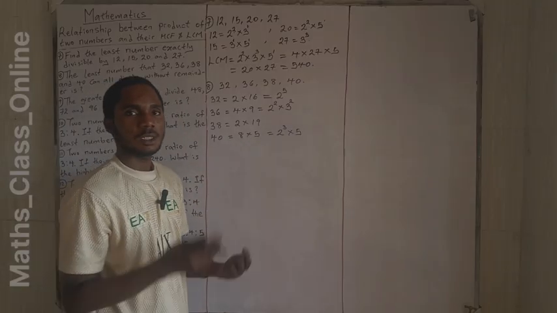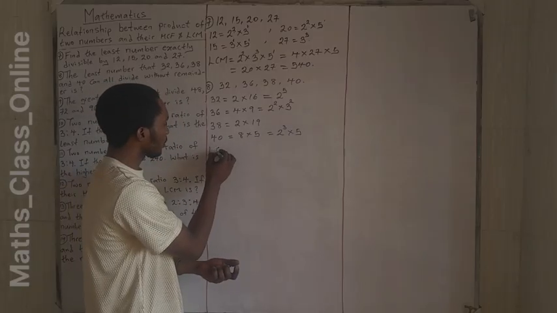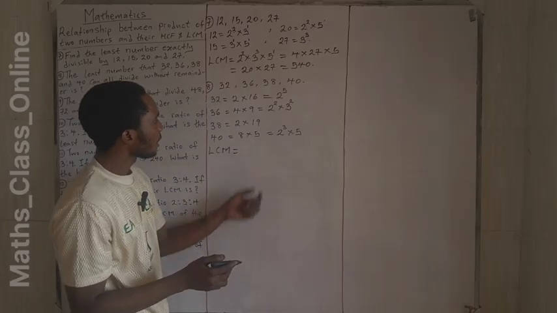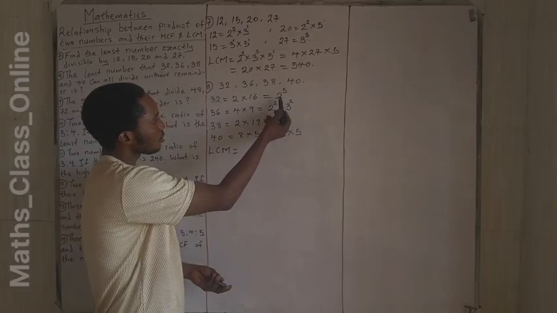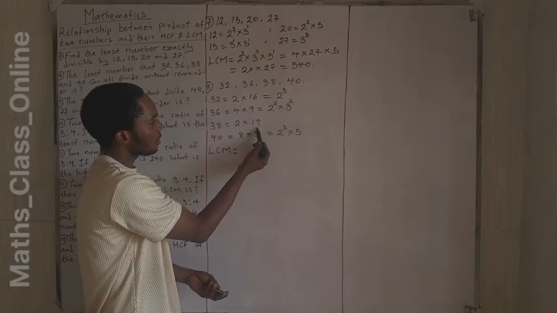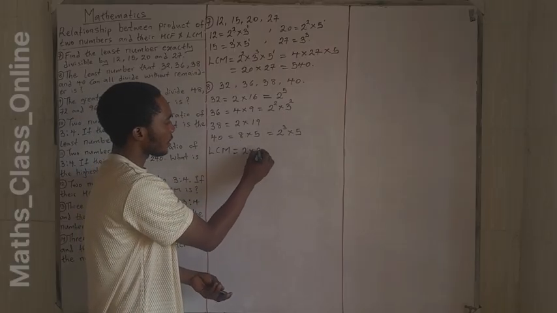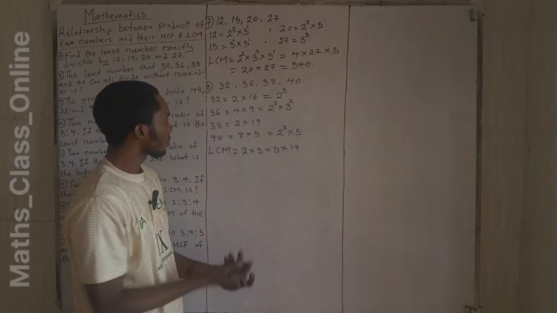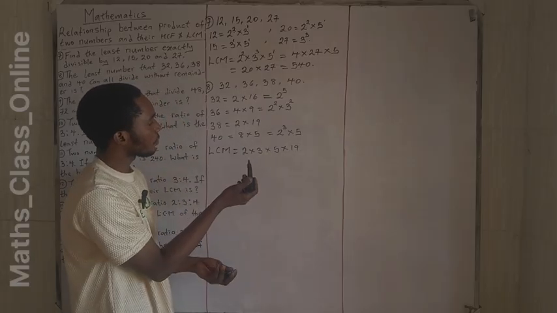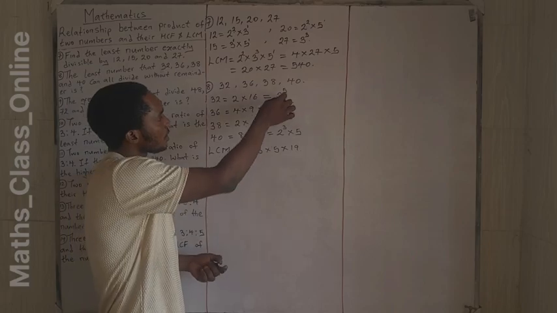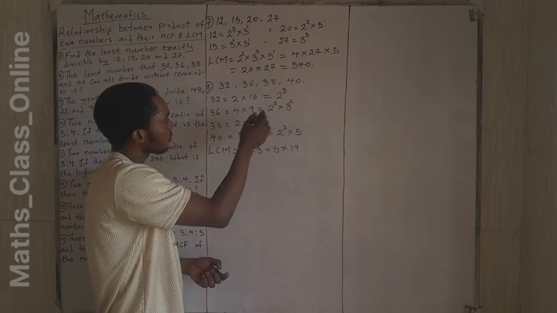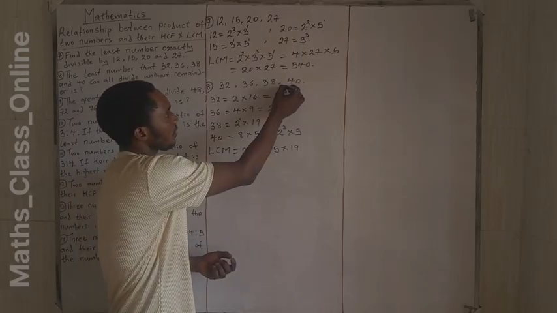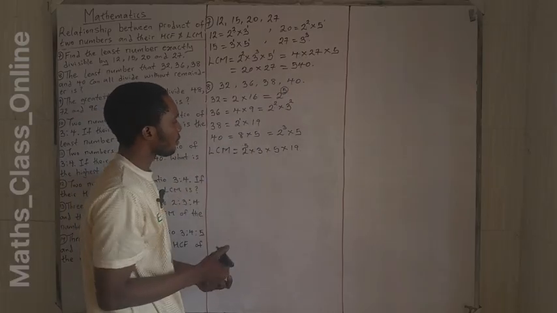What are we looking for? The LCM, least common multiple, of 32, 36, 38, 40. The prime numbers that we have here are 2, 3, 5, 19: 2 times 3 times 5 times 19. The next is the powers. The highest power of 2 among 2 to the power of 5, 2 to the power of 2, 2 to the power of 1, and 2 to the power of 3 is 5, so we have 2 raised to the power of 5.